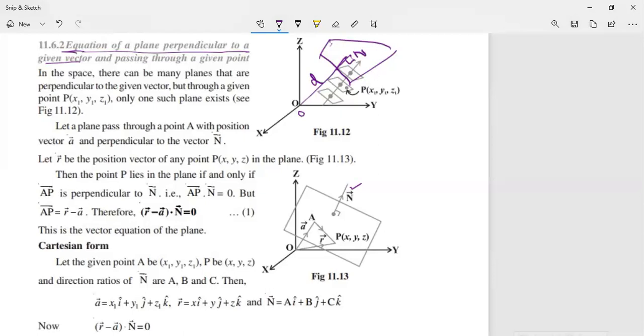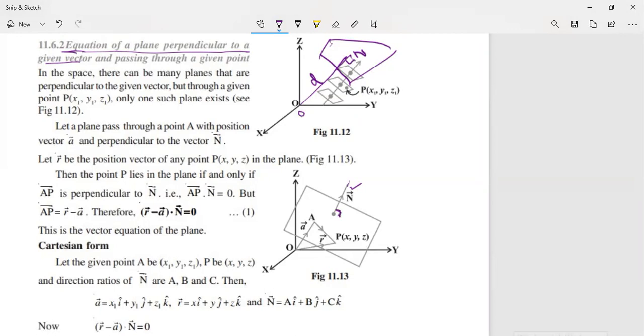Here n is a vector which is perpendicular to the plane. Equation of a plane perpendicular to a given vector means the vector is perpendicular to the plane, or the plane is perpendicular to the vector. Same thing. So this vector n is given, which is perpendicular to the plane. Got it? I think understood.